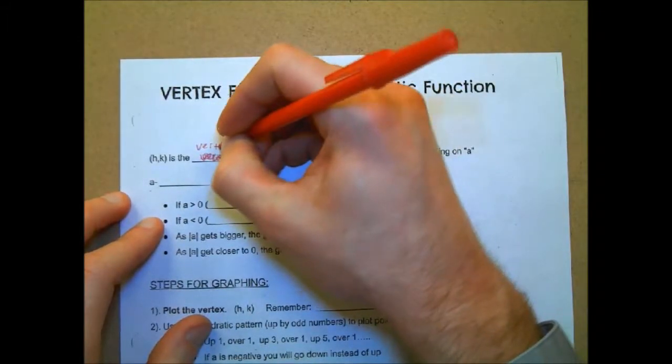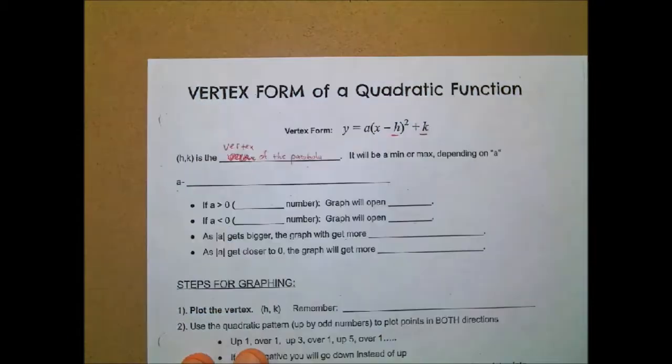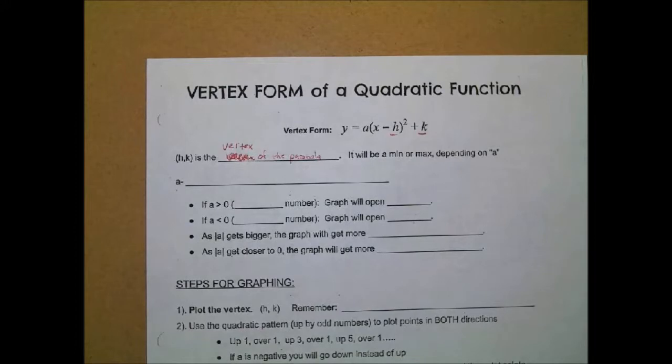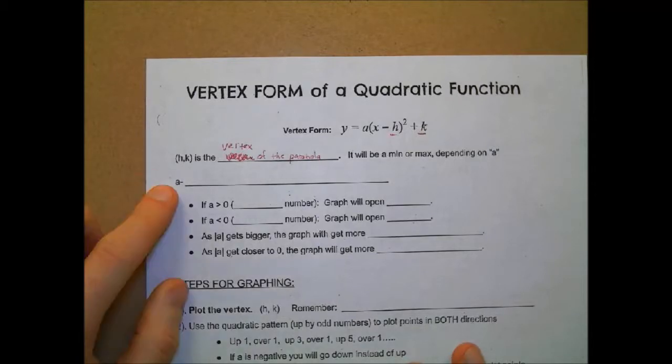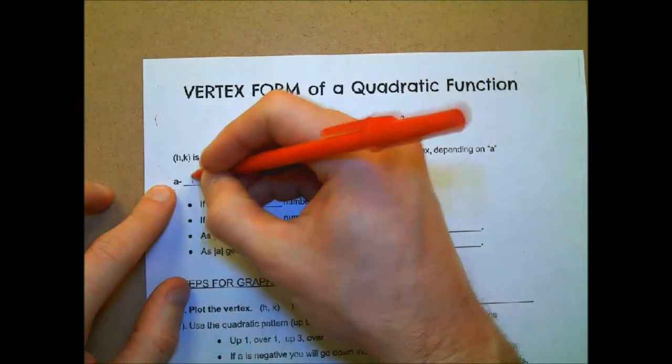P-A-R-A-B-O-L-A, parabola. Of course, we know the vertex will be a maximum or minimum depending on A. Specifically, what is true if A is greater than 0?